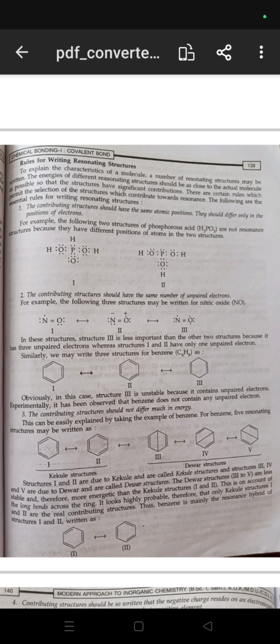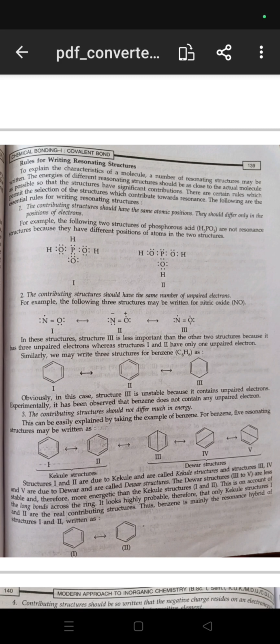First, contributing structures should have the same arrangement of atomic positions. They should differ only in the position of the electrons. For example, the following two structures of phosphorous acid are not resonating structures because they have different positions of atoms in the two structures. Second, the contributing structures should have the same number of unpaired electrons.